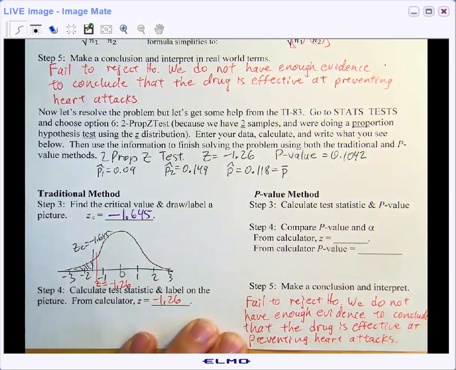Okay. All right, so that's how we could use the traditional method and the calculator together.